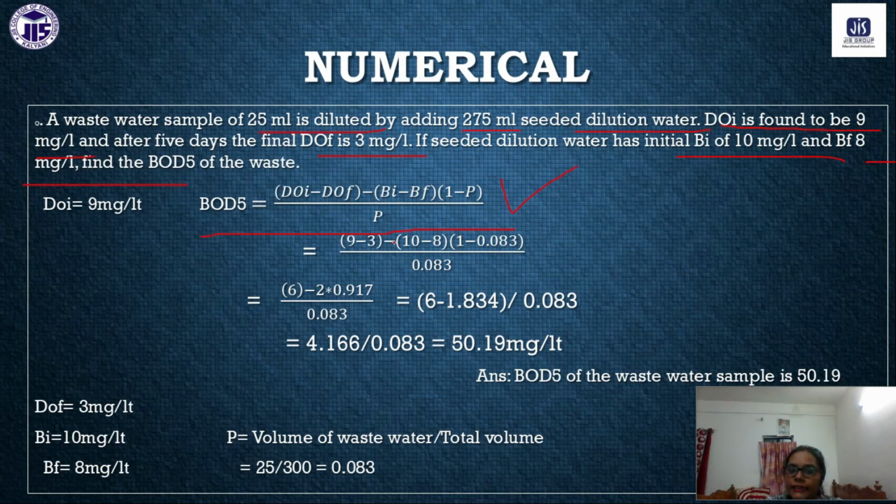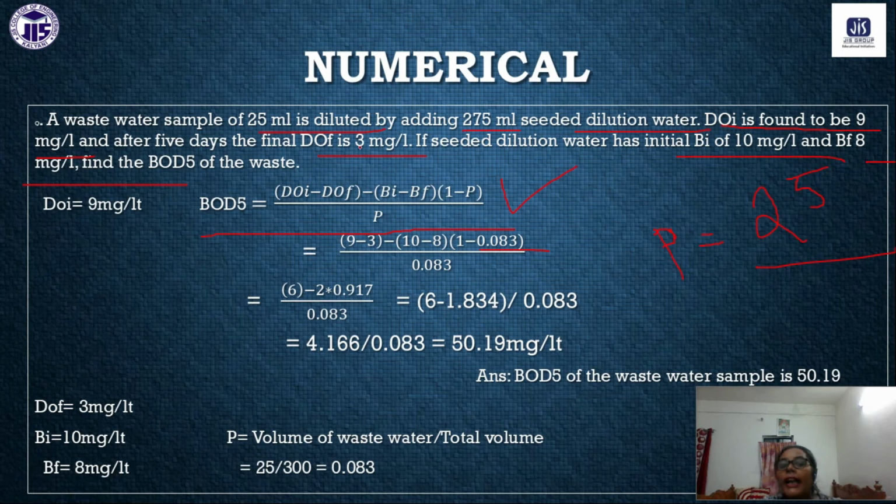So all the data are given. DOI is given: 9 minus 3 minus (10 minus 8) into (1 minus 0.083). What is 0.083? That is the p value. P value means the volume of wastewater we have taken, that is 25 ml, divided by total volume.